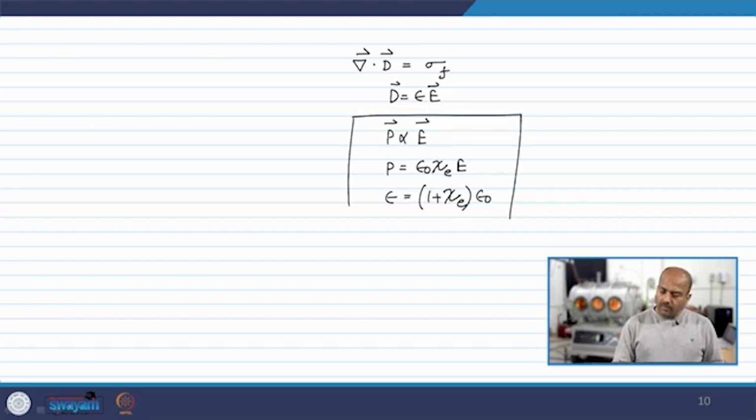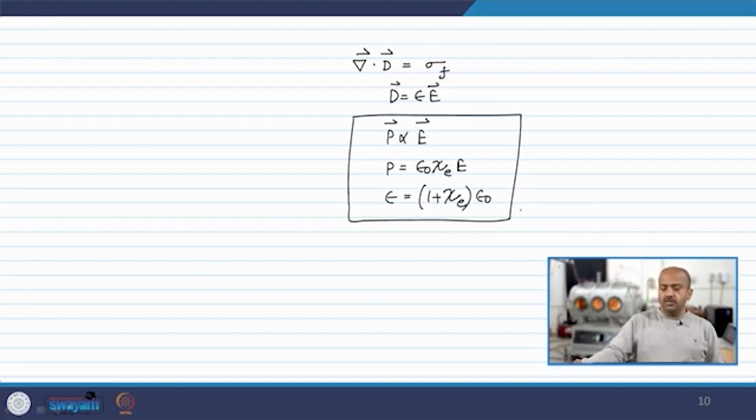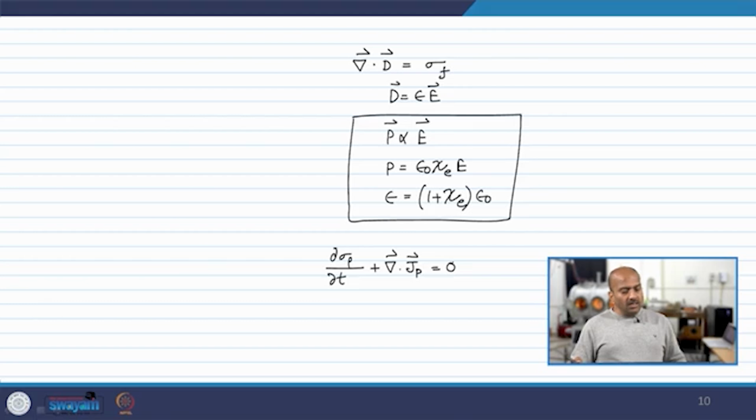Now, when you have an alternating electric field, it will lead to polarization current density, and we can think of a polarizing charge density as being responsible for it. Okay. So, if you remember the continuity equation, dou sigma p by dou t plus del dot J p is equal to 0. So, the polarizing current density will not come into the picture unless the electric field is changing with respect to time.